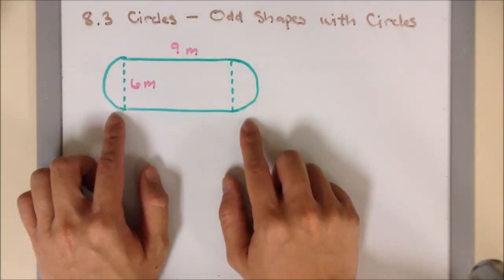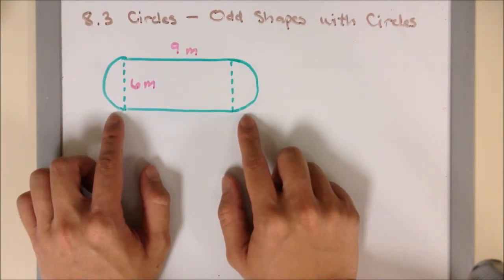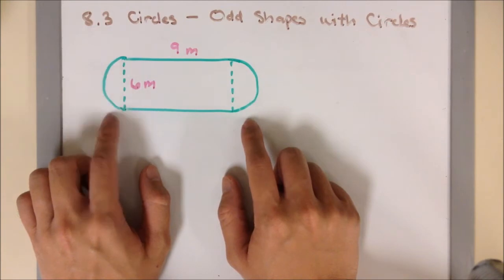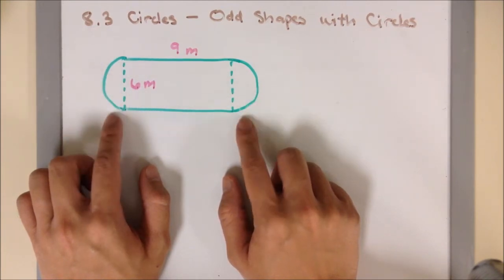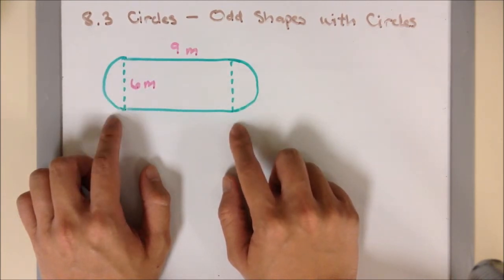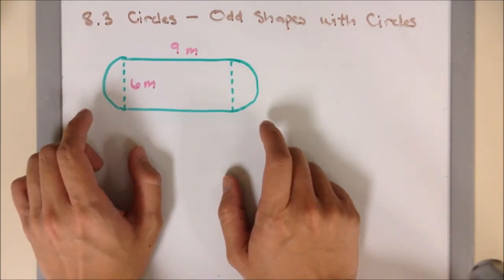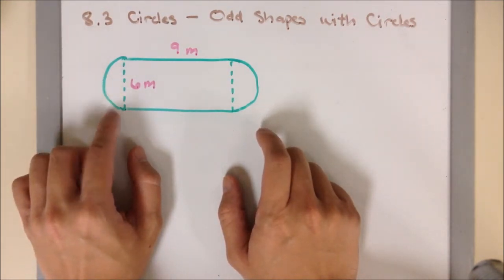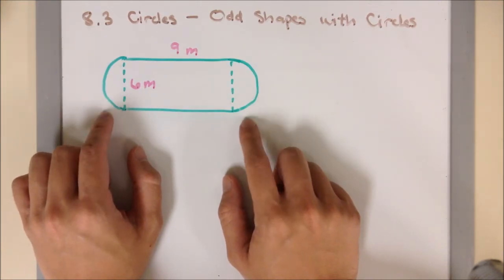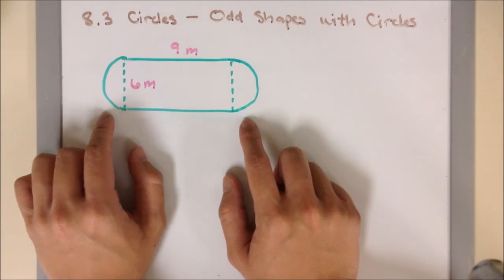Say we are going to find perimeter, so that's going to be the same thing as finding circumference. Since we have a curved side on the left and right side, when you're finding a circumference, you're finding circumference of a full circle. On the left side, you can say it's half a circle. On the right side, it's also a half circle.